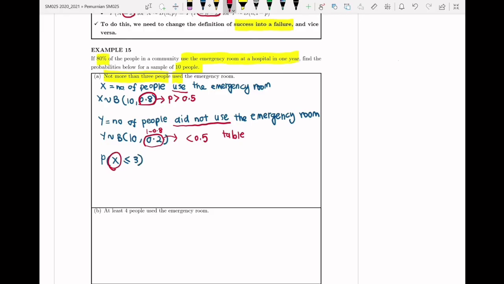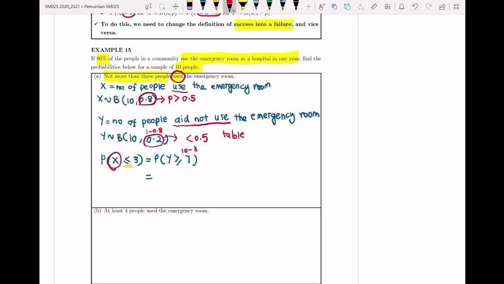Because the question states that the people use, so we use X. If you want to change it to Y, less than or equal becomes greater than or equal. Instead of 3, we have n, which is 10, minus 3, which is 7. So P(Y ≥ 7).